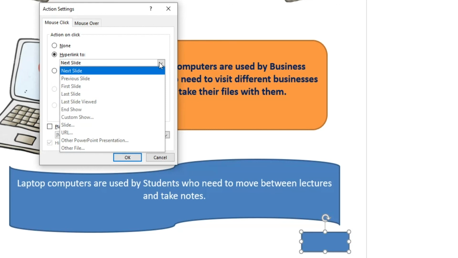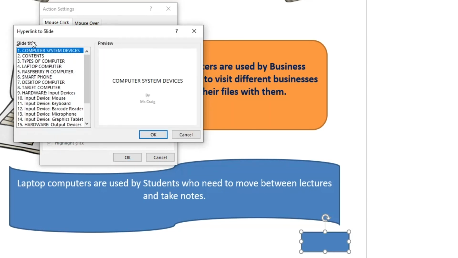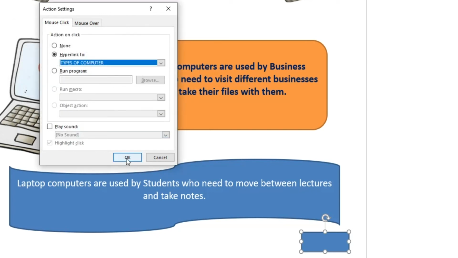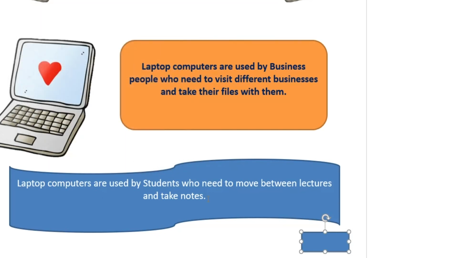Now this is a wee bit different from before because you have to click on slide, and that will open up all the slides in your PowerPoint. And we're clicking back on slide 3 and then click OK. Wait until you see the preview to check it is the correct slide, and then click OK. And then click OK.